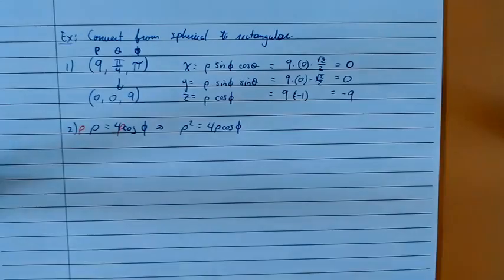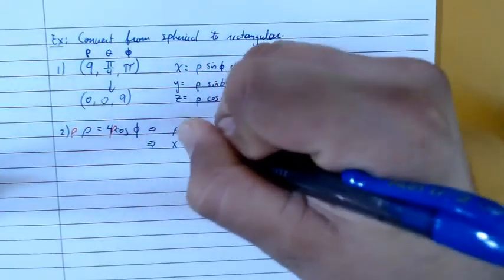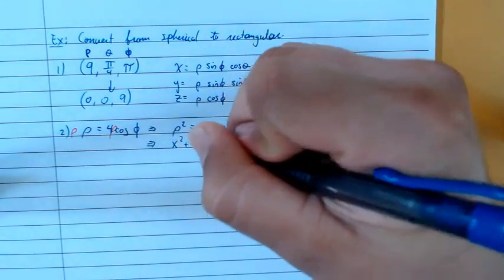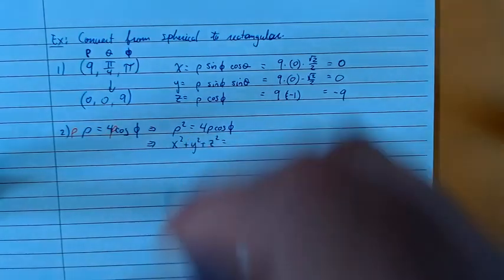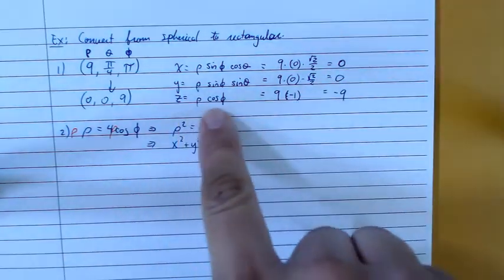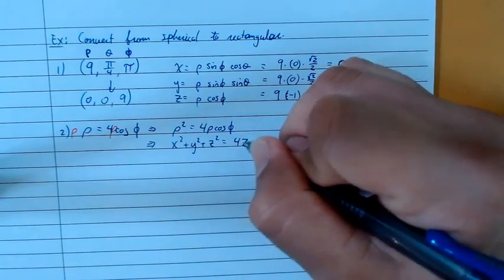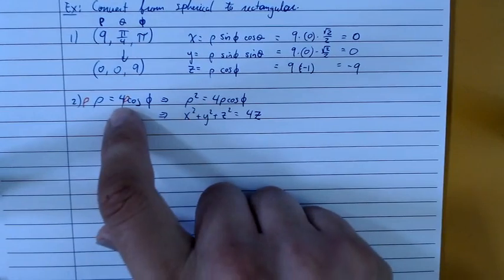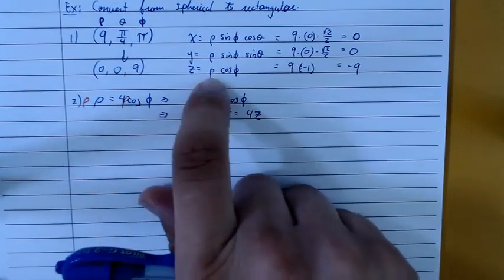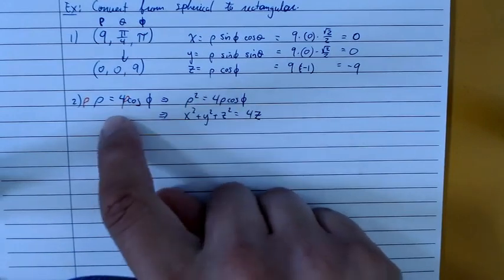So here, that's going to give us x squared plus y squared plus z squared equals 4 times rho cosine of phi, which is just z, like that. One thing, do not ever say, oh, here that's rho cosine of phi, and rho just happens to be the number 4. That's not how that works.